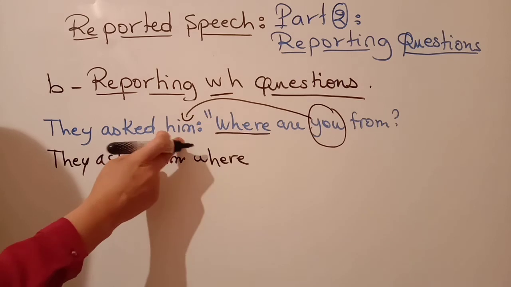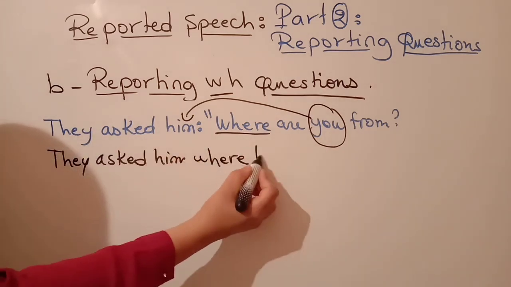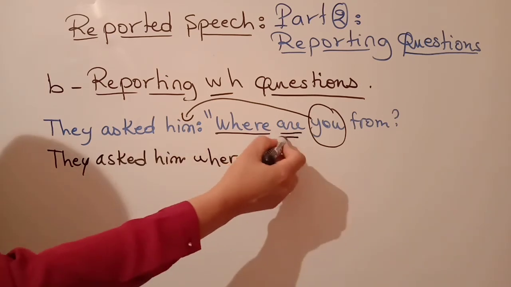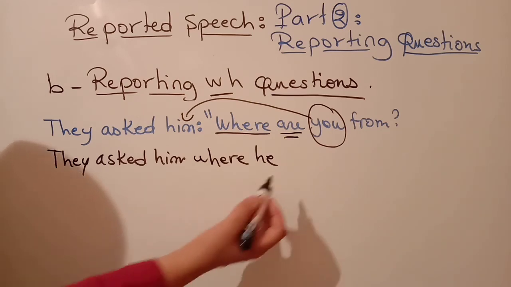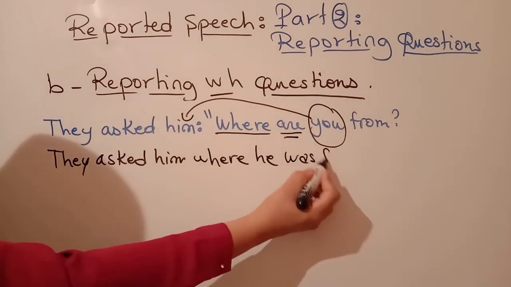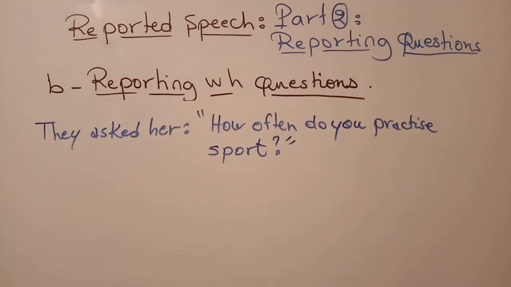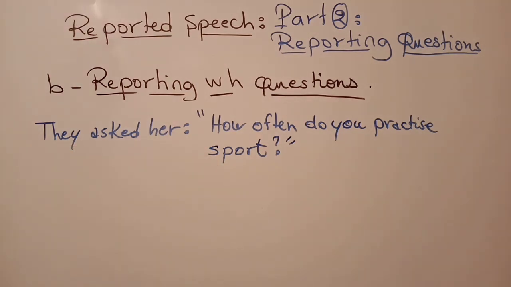So him is an object pronoun, and the subject pronoun of him is he. Where he. Where is the verb? To be. Present simple becomes simple past. Where he was from. So they asked him where he was from. Right?